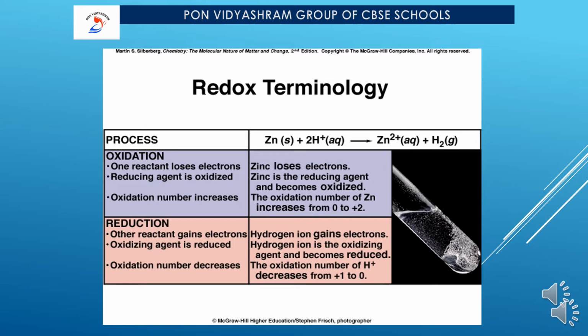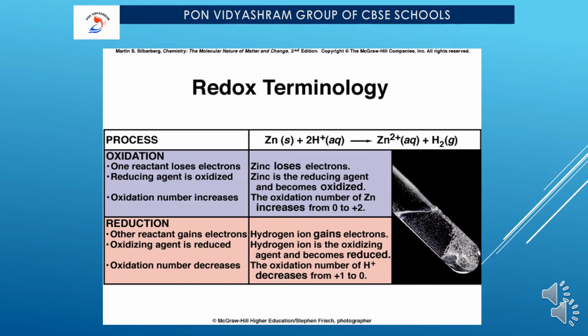Zinc has a weaker pull on electrons, whereas hydrogen has a strong pull on electrons. Zinc converted into Zn2 plus is considered a half cell or half reaction. The other one, hydrogen ion converted into hydrogen gas H2, is considered the second half reaction.